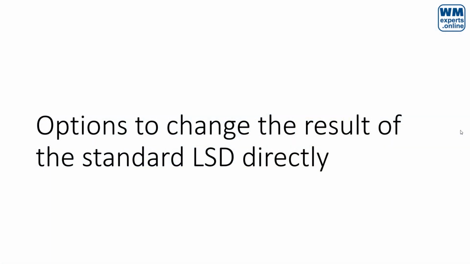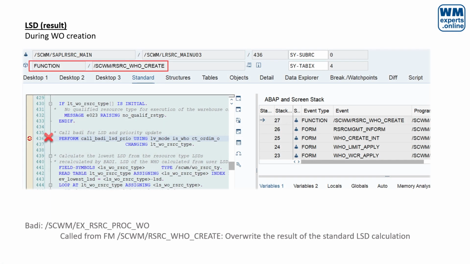And now, before we conclude with some party knowledge as usual, we will look at a way to enhance the result of the standard calculation. We will start with the most straightforward option and the BAdI that probably most of you know, which is SAP EWM X RSIC POC WO.